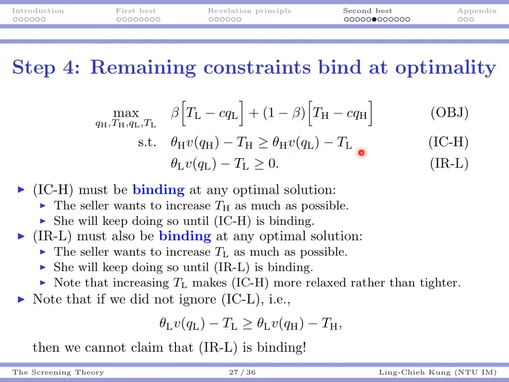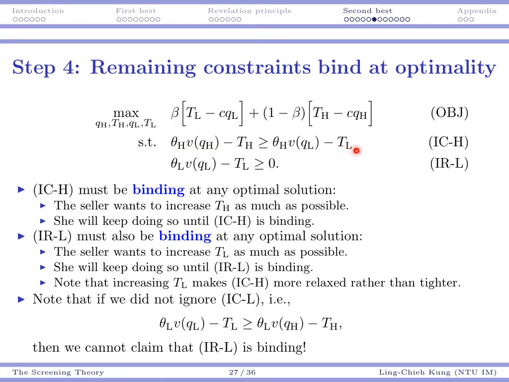The first constraint has TH there. As a seller, I want TH to be as high as possible. So I will keep increasing TH until I cannot do so, which means until TH is bounded by ICH. Okay, I will keep increasing TH until the constraint is binding.